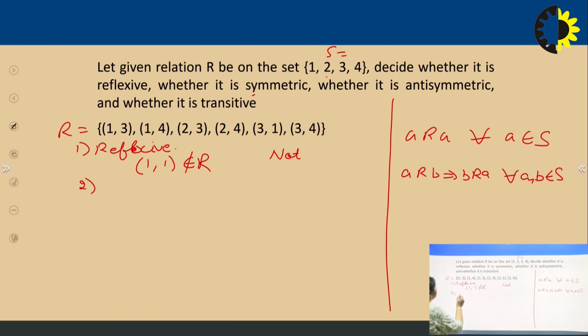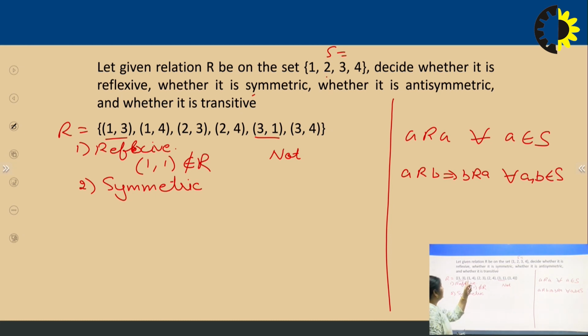I am checking symmetric. Now see, 1 is related to 3. So A is related to B, and 3 should be related to 1. So I am checking (1,3) and I am getting (3,1) here. So it is okay.